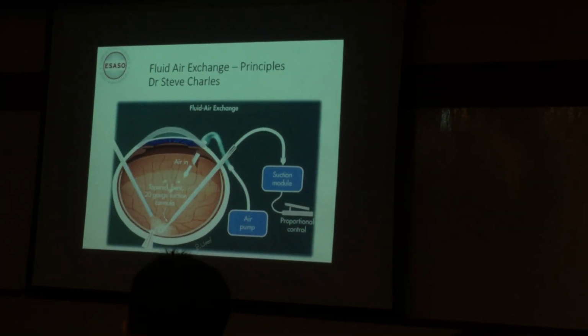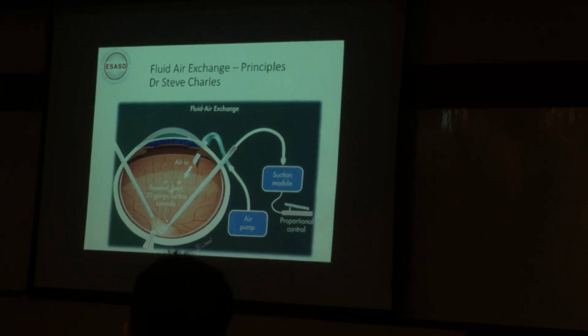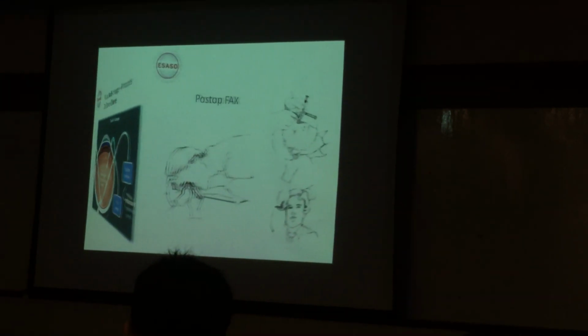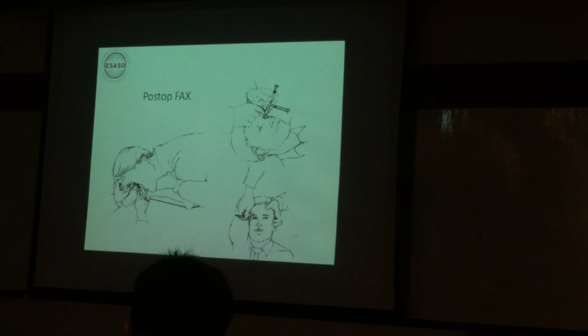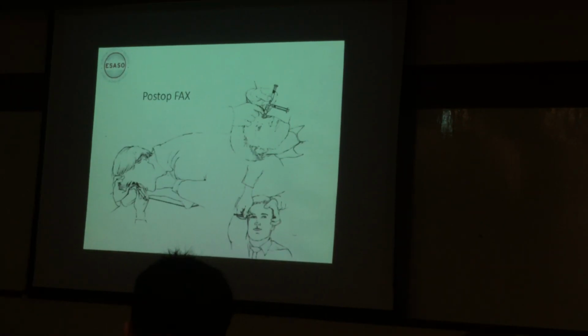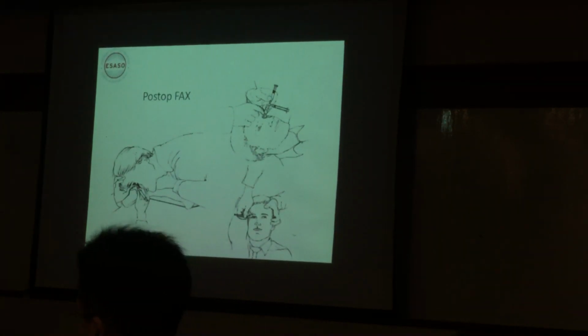This technique was first described by Dr. Steve Charles, using the very principles of pressure and venting, so that you use pressure to push the fluid out of the eye through a needle. In terms of post-op exchange, you can do this in the clinic, in the supine or lateral position, so that you can remove the fluid and re-inject more gas into the eye.